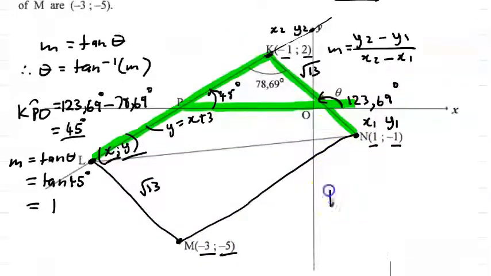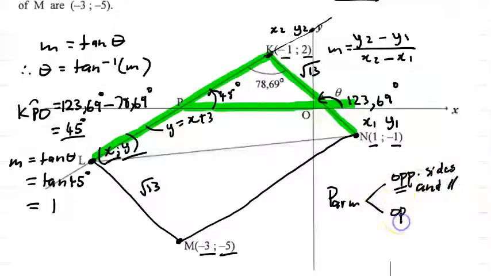First of all, what are the properties of a parallelogram? Opposite sides are equal and parallel. What else? Opposite angles are equal. The third one will be that the diagonals bisect each other.